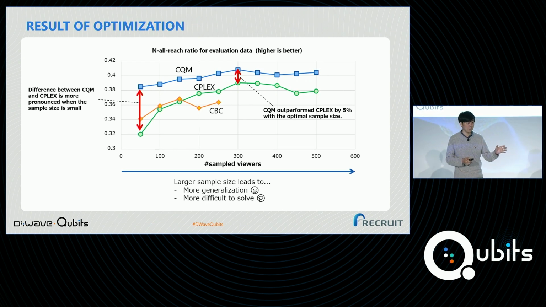But on the other hand, if the problem size or sample size is too small, in that case, the optimization overfits the very small portion of the viewers. In that case, also, the solution is getting worse. So for this reason, there should be some optimal sample size in between. And if you look at the graph, maybe 300 is the optimal sample size for CPLEX and CQM.